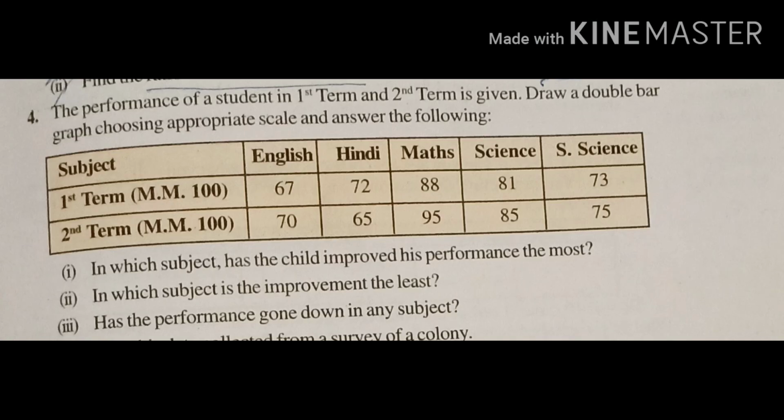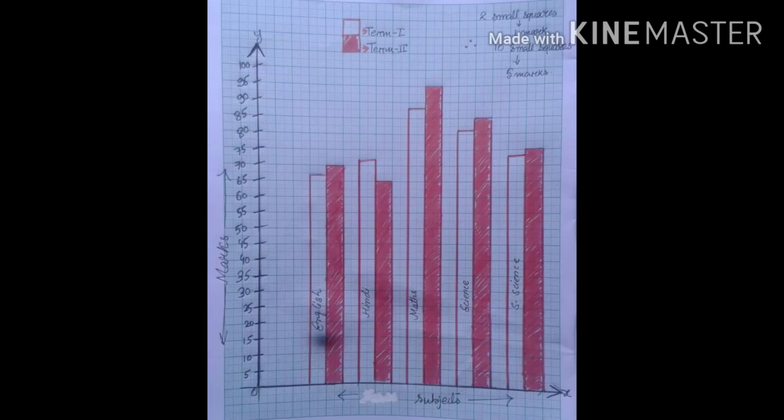Okay, now you see in the question it is written: in which subject has the child improved his performance? If we see the double bar graph, in the maths subject it is improved most, because in term 1 the maths was 88 and in the second term maths was 95.